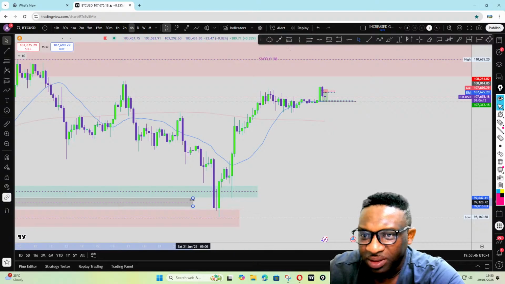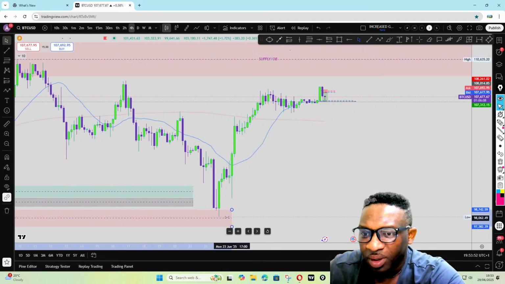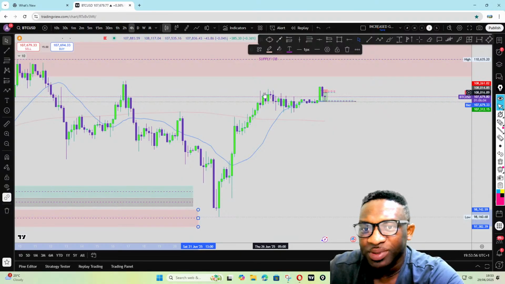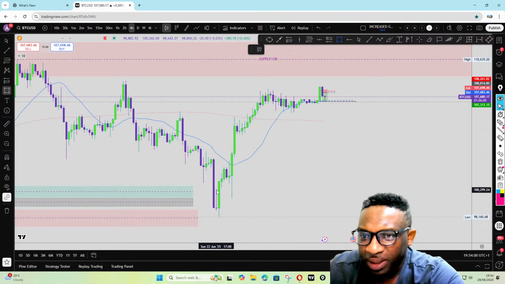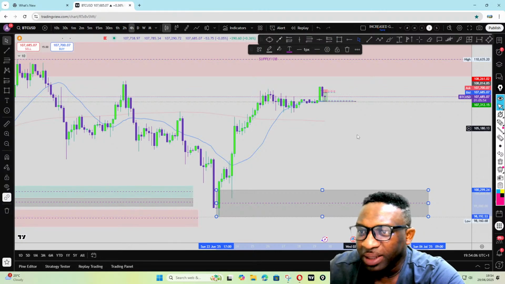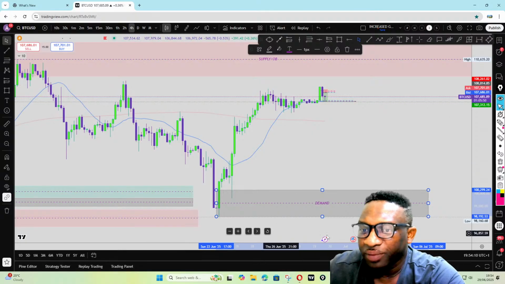Let me take this to the left. Let's analyze it from this point on. We've already had a tap in. From this massive move to the upside, we have this candle, this area here, as our area of demand.